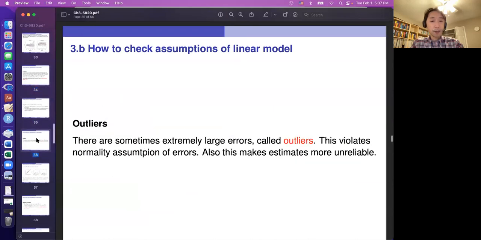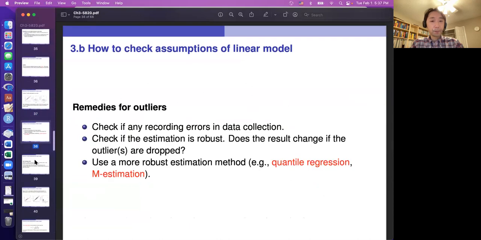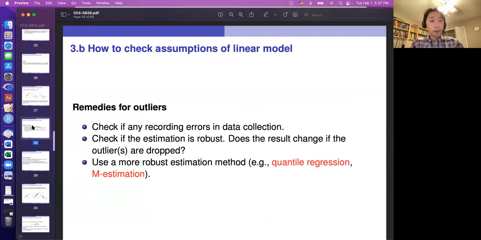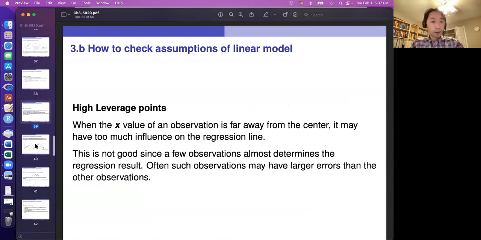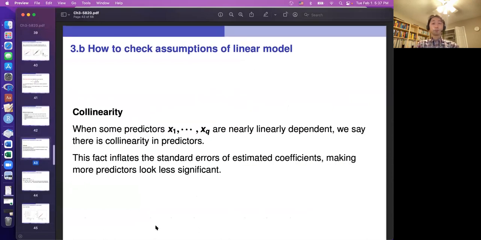But I think that we start with here. The concept is that when some predictors x1 to xq are nearly linearly dependent, we say that there is collinearity in predictors.